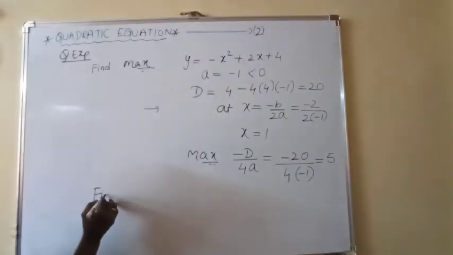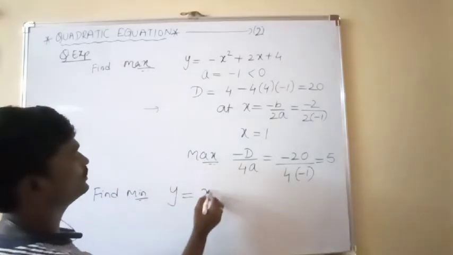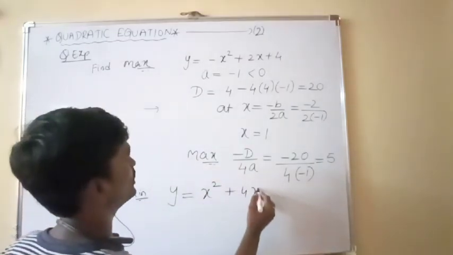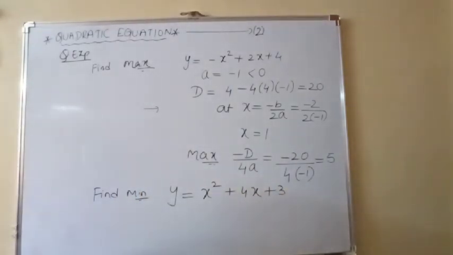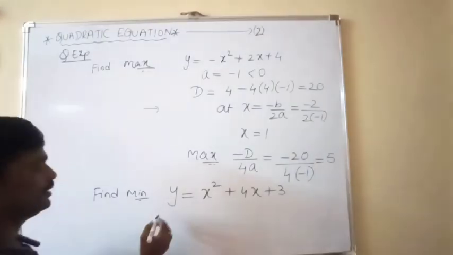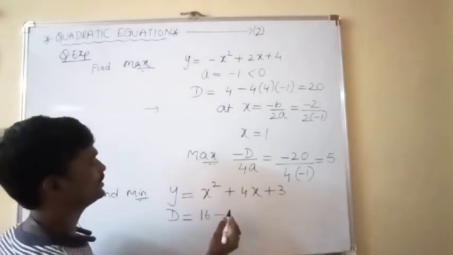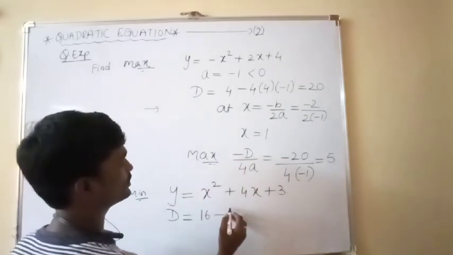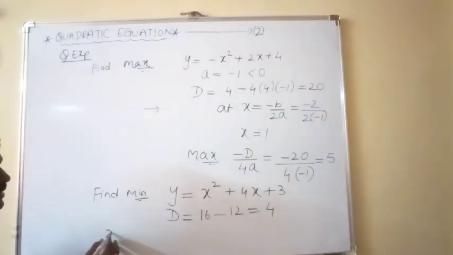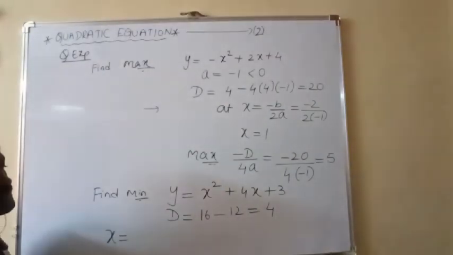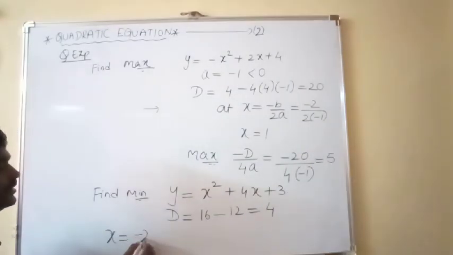Next, find the minimum value of the function y equals x square plus 4x plus 3. Here a is equal to 1, positive, and d is b square, that is 16, minus 4ac, that is 4 into 1 into 3, which is 12. So d is 4, and it has a minimum value when x is equal to minus b by 2a, that is minus 4 by 2, minus 2.